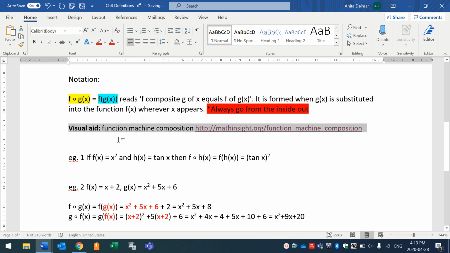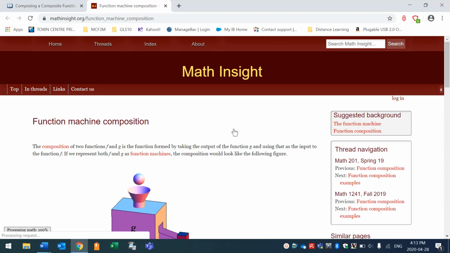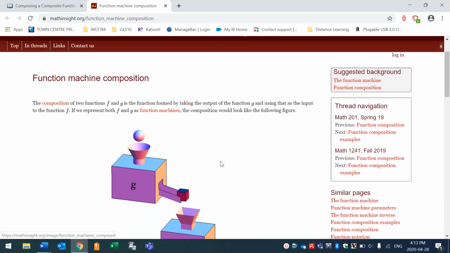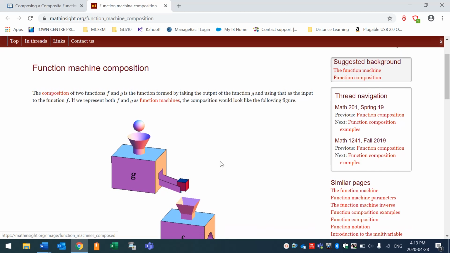Okay, before we do a couple of examples on that, let me show you a visual aid for composition of functions here. This is the function machine composition. The composition of two functions f and g is the function formed by taking the output of the function g and using that as the input to the function f.